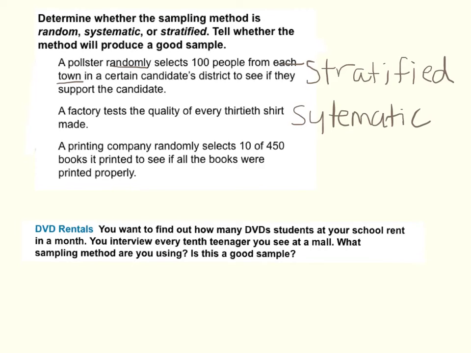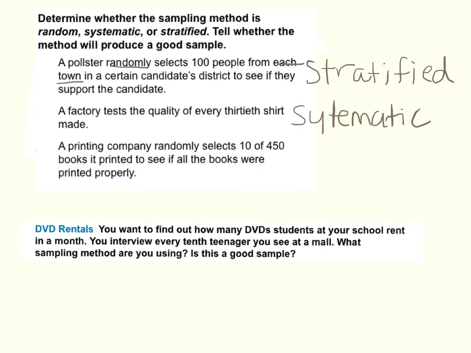And I would say that this is not a good method of sampling because when you are working on a factory line, if you're only testing every 30th shirt, it may come from the same line, meaning every 30th shirt may be messed up, or every 30th shirt may be good where every 29th shirt is bad. So systematic testing for a factory line would not be a good method of sampling.